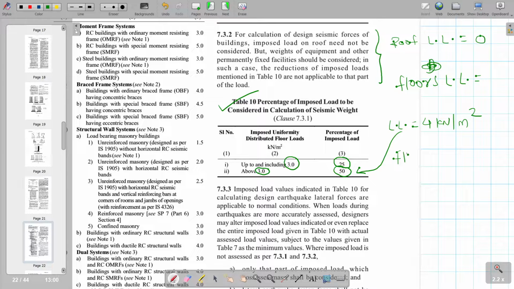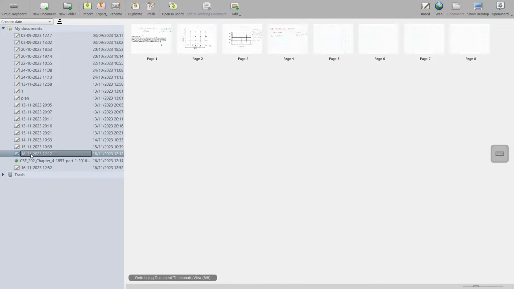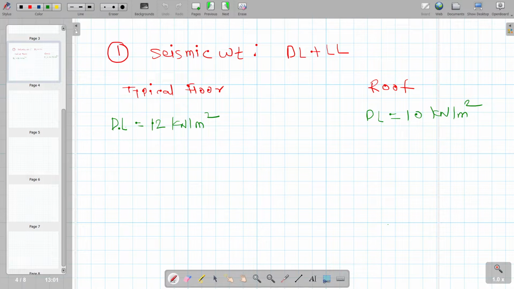So for all other floors, live load is 2 kilonewton per meter square, and for the roof, live load will be 0. We will put this value back into our calculation page.